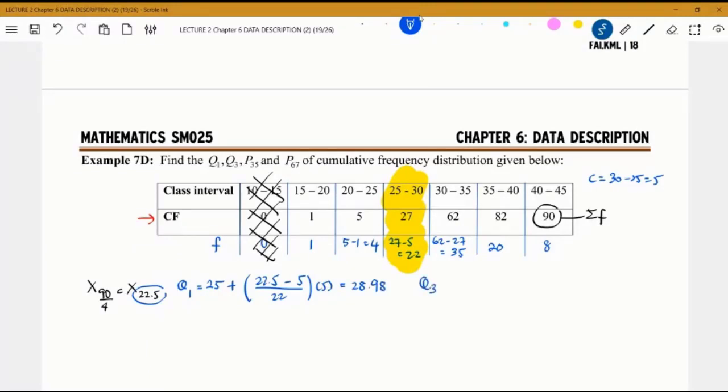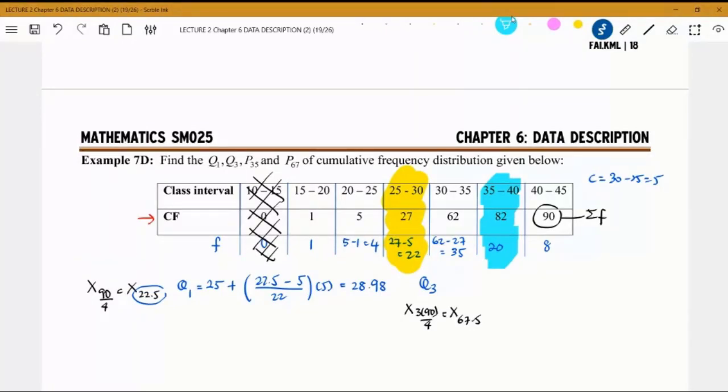Okay, and then the Q3. Finding the observation, we have 3 times 90 over 4, so the observation is 67.5. It lies on this column, because here only 62, it hasn't reached 67.5 yet, so it falls on the next class.